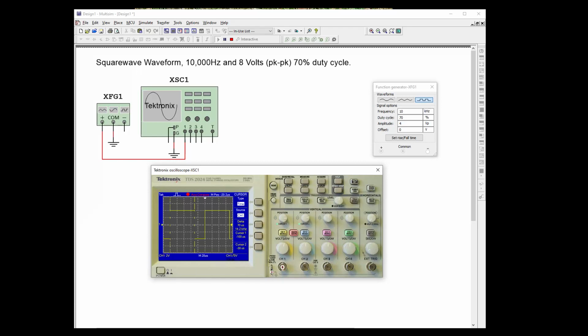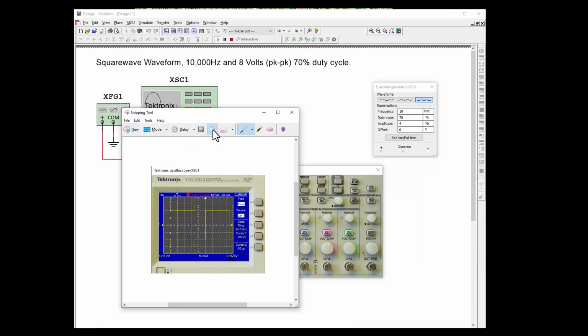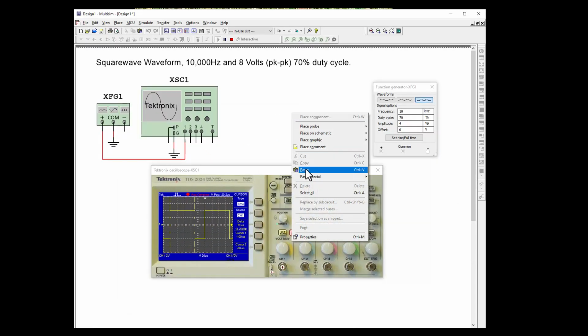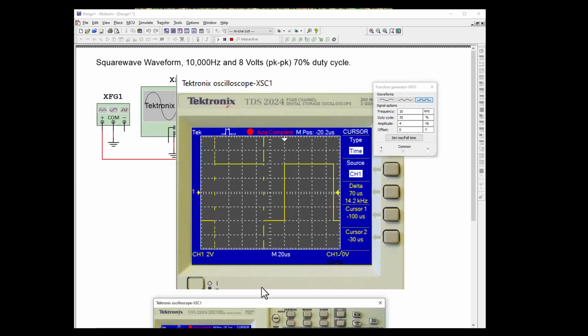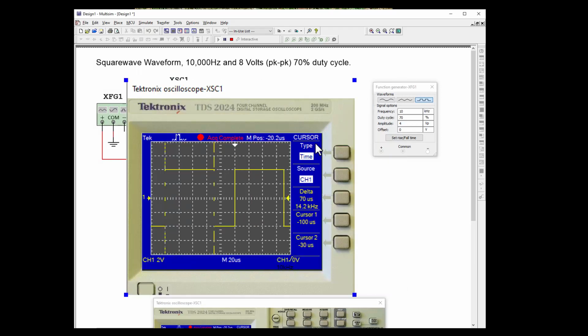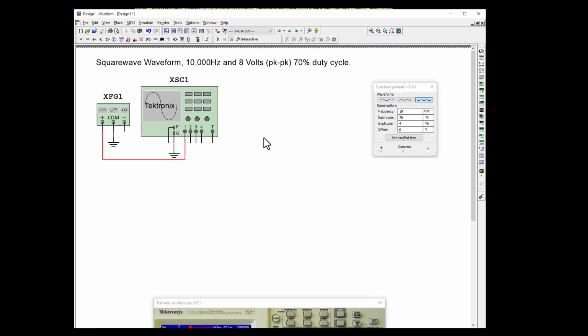So let me take a picture of that. And let's get him out of the way. And we can see that we have 70 microseconds. Okay. And we could do the same thing for the smaller width.